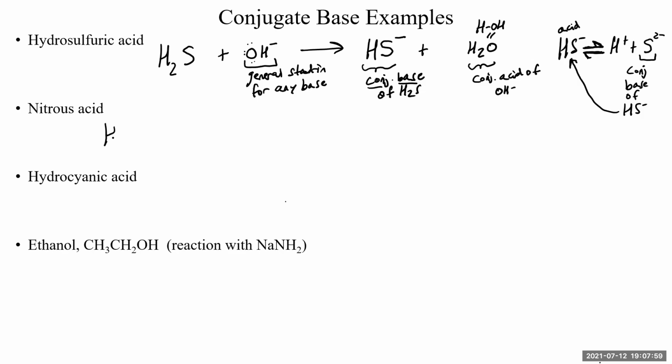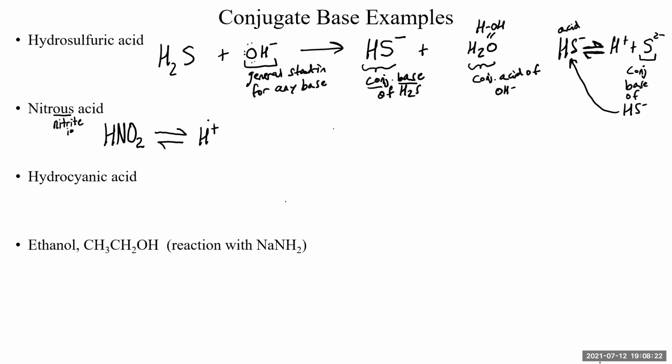How about nitrous acid? HNO2, nitrous, remember? So that's nitrite with a T ion. Let's say we have nitrous acid. Again, when it loses a proton, and I'm not even going to specify a base or anything, it donates away one of its protons.